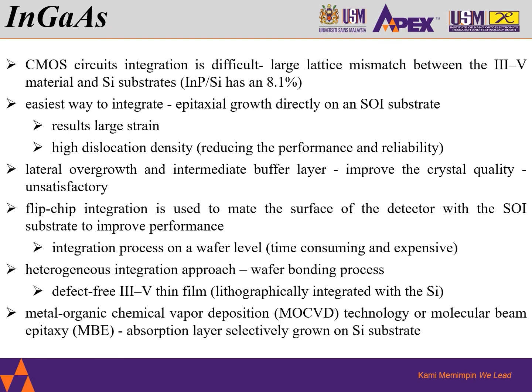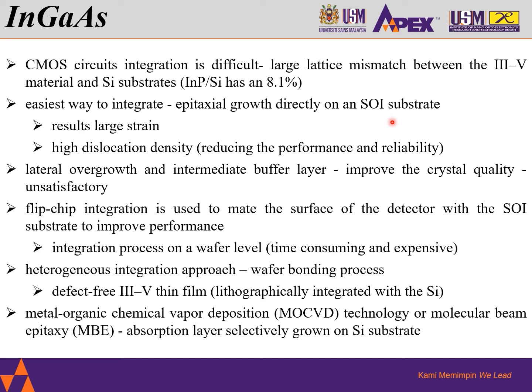However, it is difficult to integrate indium gallium arsenide with a CMOS circuit. This is due to the large lattice mismatch between the III-V material and the silicon substrate, and indium phosphide on silicon has an 8.1% mismatch. The easiest way to integrate III-V with CMOS technology uses epitaxial growth directly on a silicon-on-insulator, SOI, substrate.